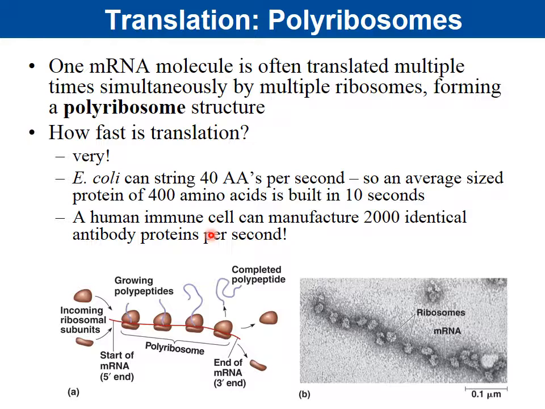Another example that really shows you how fast this is, a human immune cell, so your B cells, can manufacture 2,000 identical antibody proteins per second. So just think about that for a minute, how fast that is. It's like, boom, it just made 2,000 antibody proteins. So the translation is very, very, very rapid.